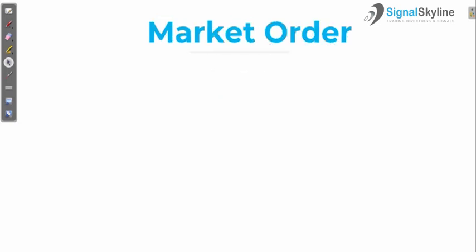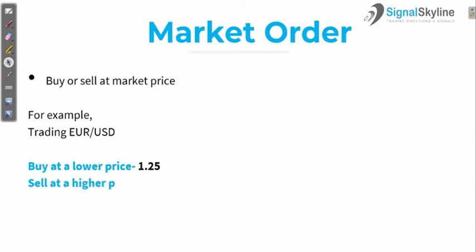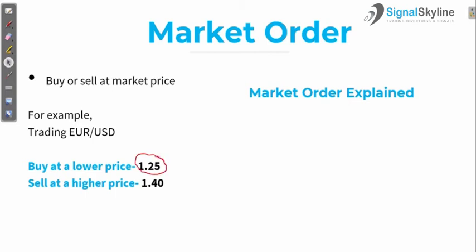Now, let's start with the market order first. The market order is, for example, the euro dollar price is 1.25. That's right now, the present price.